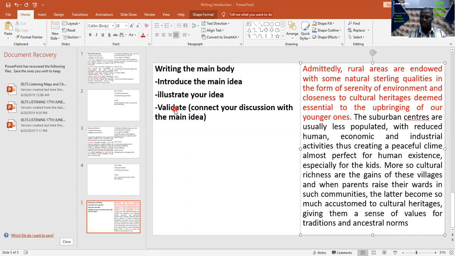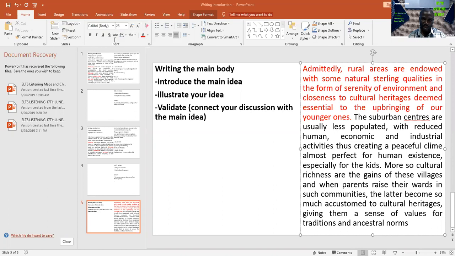I agreed that children who are raised in the urban centers or in mega cities, metropolises, are better off, have better outcomes than those raised in the rural area. But now I've first of all made a case, admittedly. So I want to transit into a proper paragraph where I will now defend, first of all, write a paragraph one on defending my main point. Yes, that is what I want to do now.